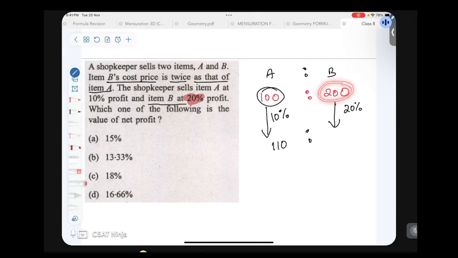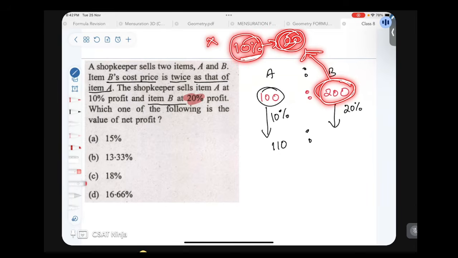Same thing, 200 is increased by 20%. But remember one thing here, it is 20%. If your income is 200, what will be your 10%? Can I say 20? If this 20 is your 10%, if I multiply 10% by 2, I'll get 20%. So 20 multiplied by 2 is nothing but 40.